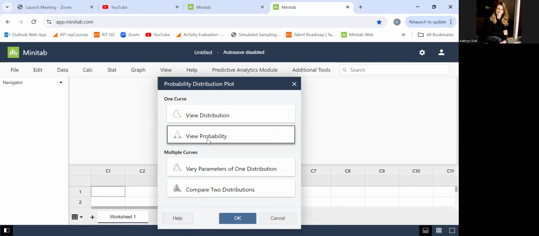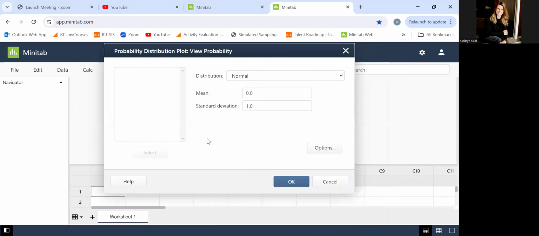It doesn't matter if you're finding a probability or a percentile, and it doesn't matter what type of problem you're on. If you're just on a normal curve, meaning you're just studying data values, or on the standard normal curve where you're standardizing those values, or looking at a sampling distribution, meaning we're looking at samples and not just individual values, we still go here to view probability. So I'll get into here.